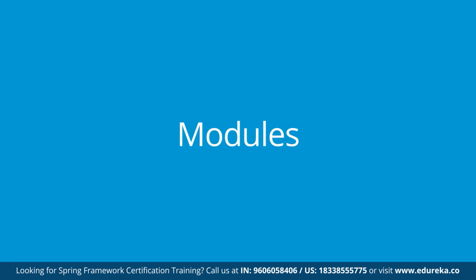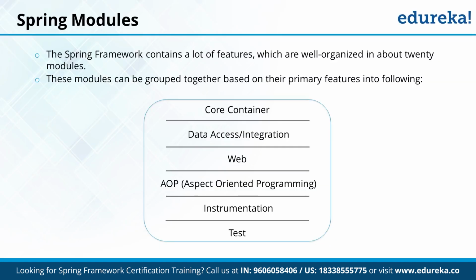So let's see the modules. The Spring module basically contains a lot of features and they are quite well organized, and we got somewhere around 20 modules available, right? The modules are grouped based on a few of their features as in the following, right? As in the layered architecture we discussed, in a similar way we got these frameworks available. We got core container, data access or integration, right?